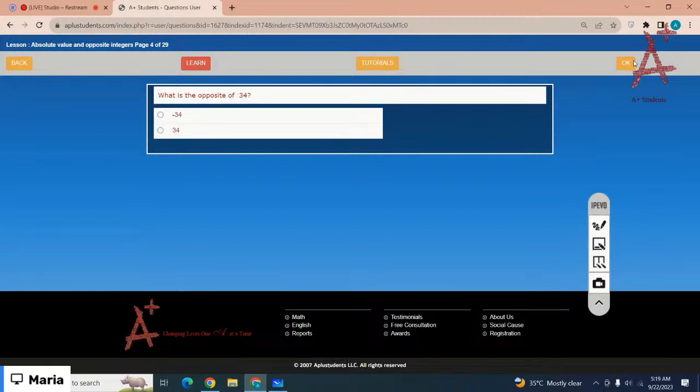What is the opposite of negative 34? The correct option is positive 34, right?